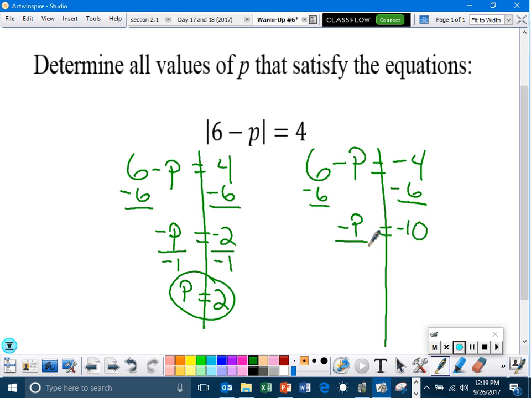Same thing, you cannot stop with a negative variable. And so the second solution is 10. All right, so make sure you have both of those on your warm-up sheet. I'll leave that up there for approximately 30 to 40 seconds.